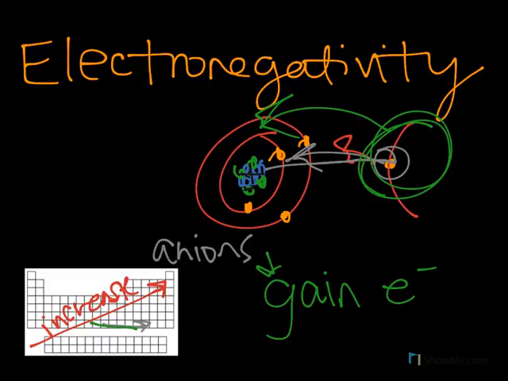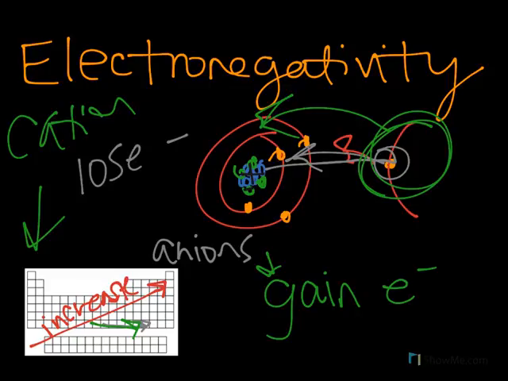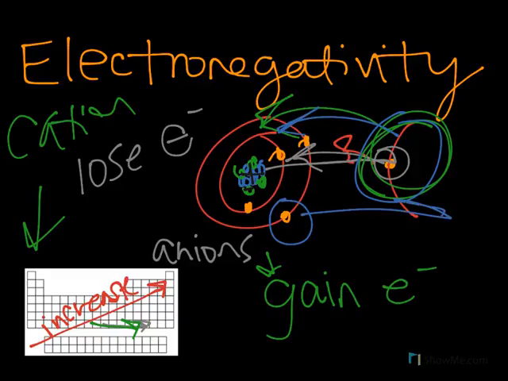So as you move from left to right, you go from forming cations to forming anions, so you want to gain electrons. If you're a cation, so if you're on the left side of the periodic table, you want nothing more than to lose electrons to become like a noble gas. So are you going to work very hard to pull this guy over? No, you're going to work hard to shove this guy out. So the most electronegative elements are in the upper right corner of the periodic table, and the lowest are in the bottom left corner.